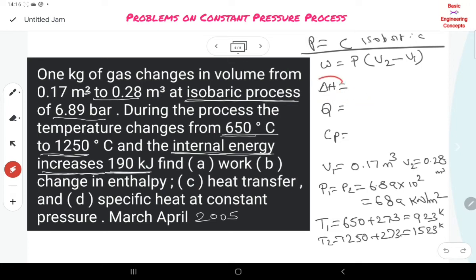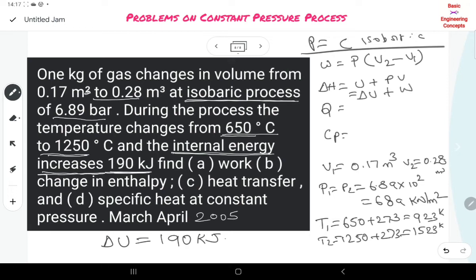For enthalpy, another thing given is the internal energy, delta U, which is equal to 190 kilojoules. So H is equal to U plus PV, so you can write this as delta U plus P dV, that is work done.